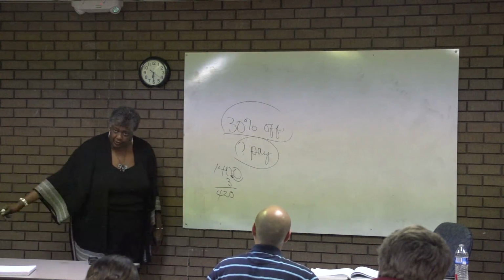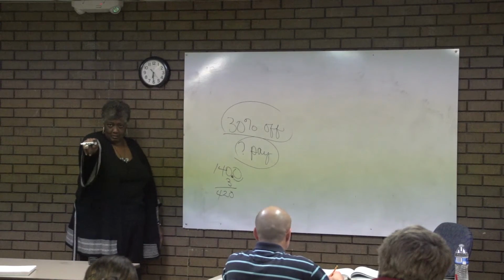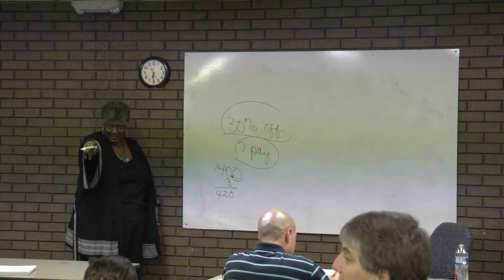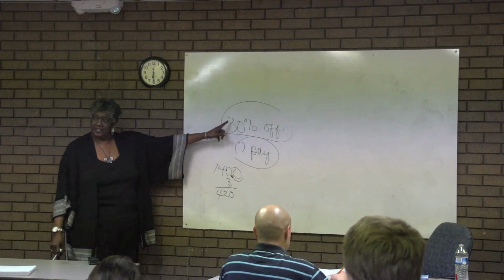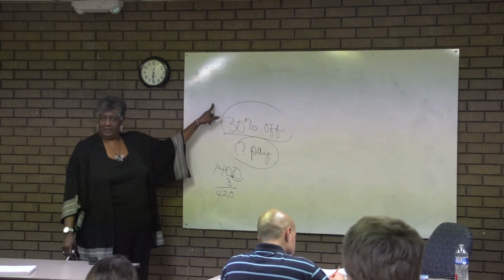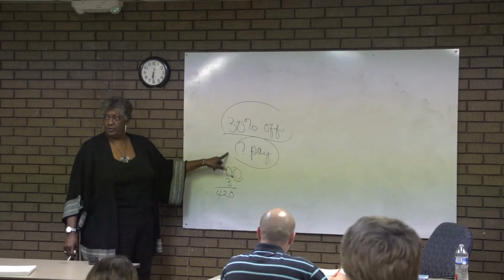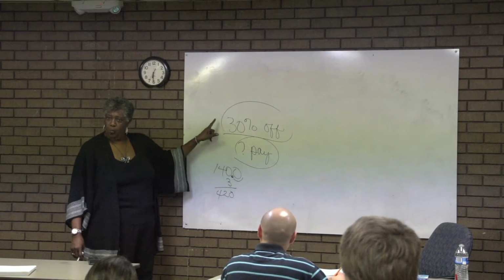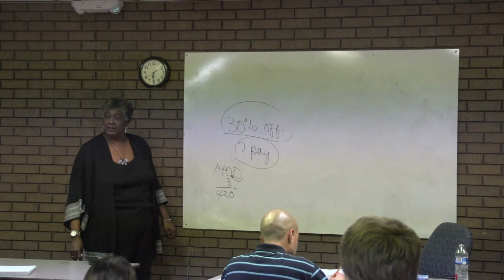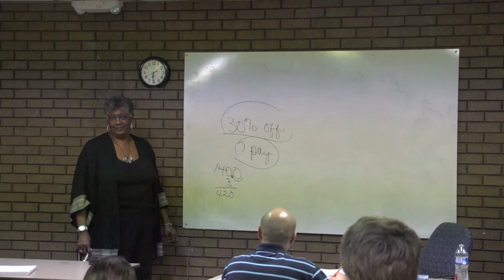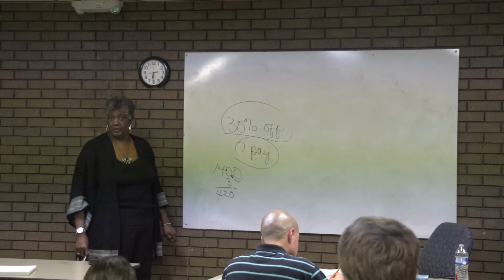Or you could figure out what, Griselda? Huh? If they're gonna take 30% off and they wanna know how much are you gonna pay, what percent are you going to pay if they're gonna take 30% off? 70? 70%. That's what I want to leave you with.